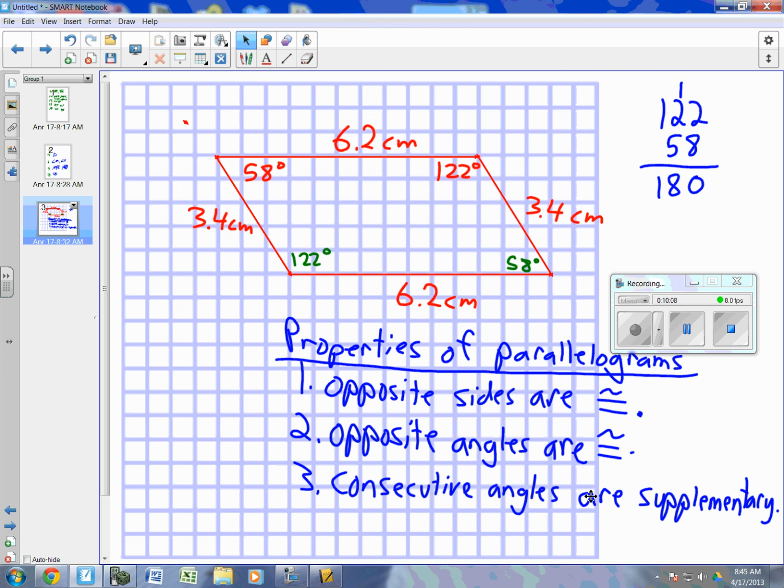Now I want you to draw in the diagonals of the parallelogram.